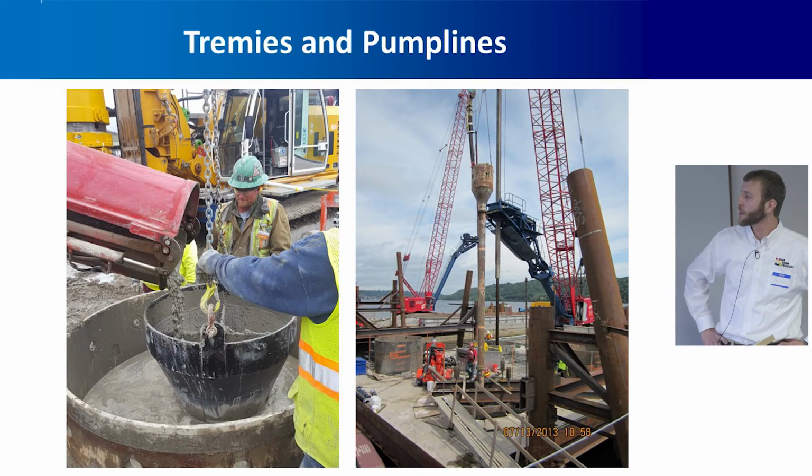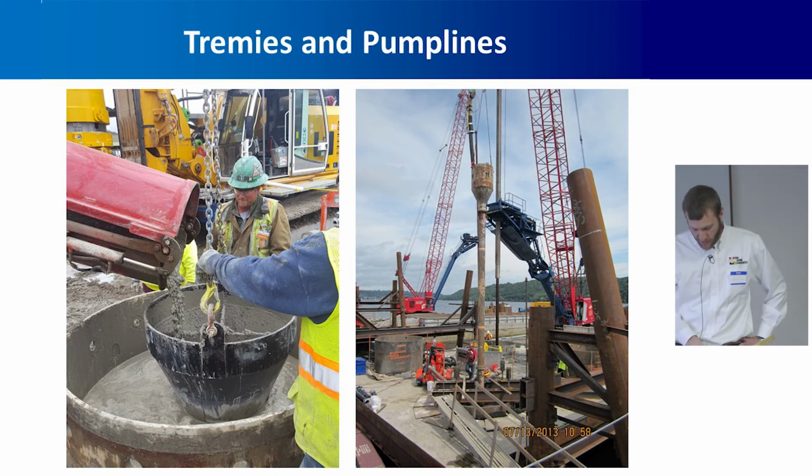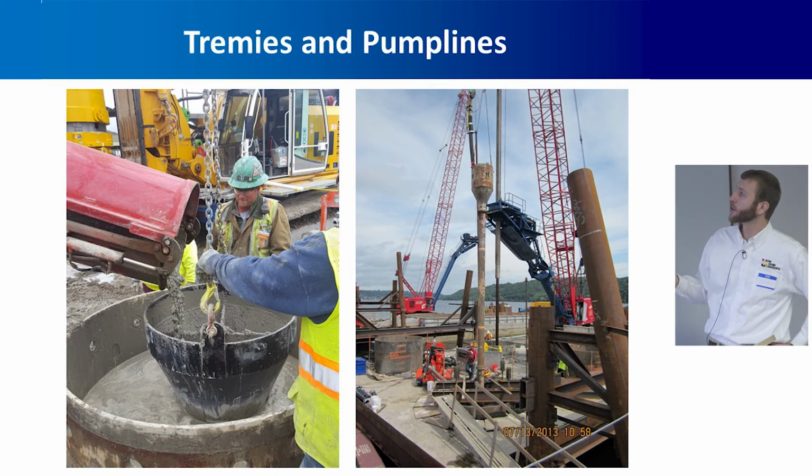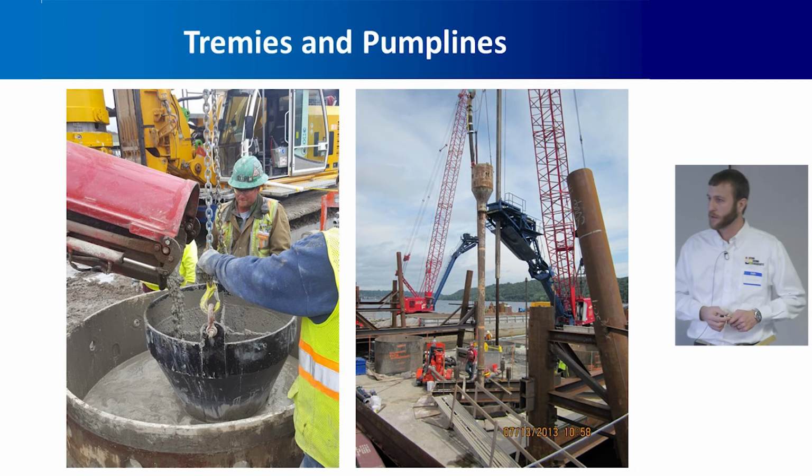The picture on the right here is the trimmie at St. Croix. It's kind of hard to see, but this is a pump truck discharging into the hopper here. This is a project on land, so they're able to just back a concrete truck up and pour straight into the trimmie.